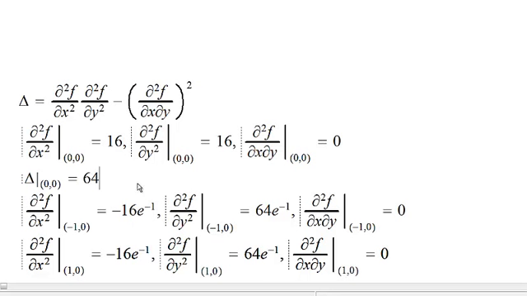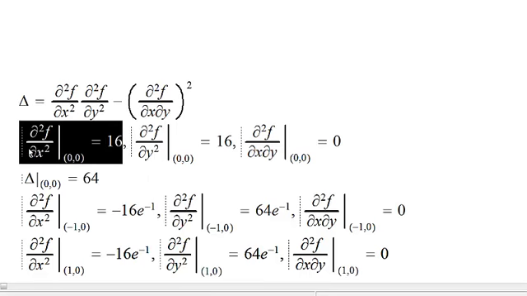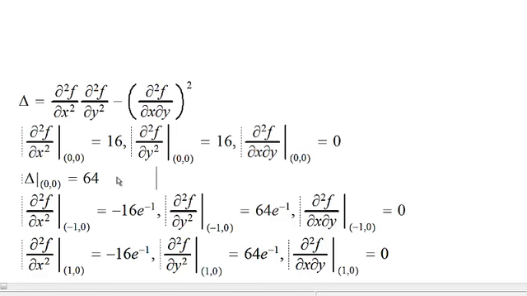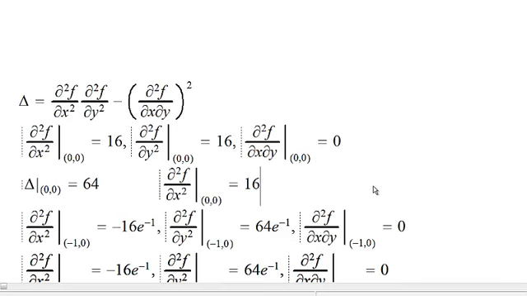Are we clear? And then this guy is greater than 0, right? So what did the manual say there? That we are going to have a local min here, right? Very good. So we will have a local min here.